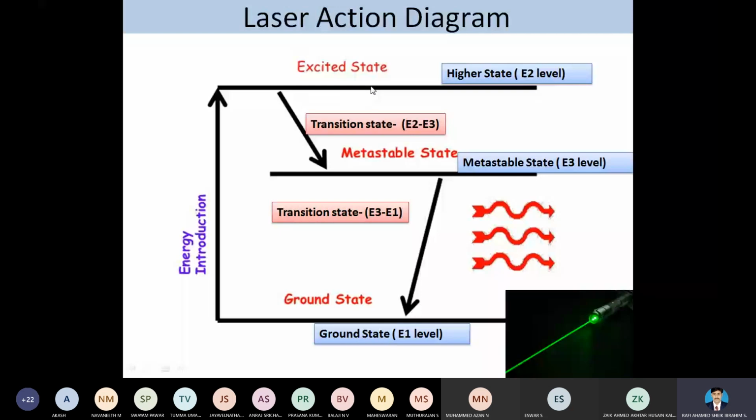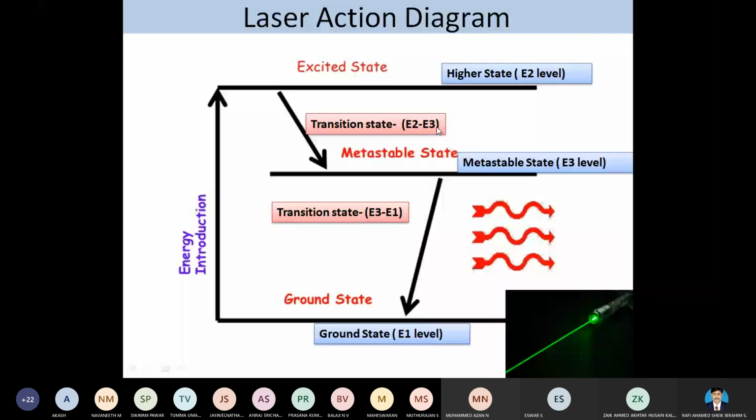Here, the atom in the ground state gains the energy, then it goes to the excited state. In the excited state, depending on its lifetime, the atom will jump to the metastable state. I have mentioned here the transition state and the decay. This transition state is what I have defined as E2 to E3.